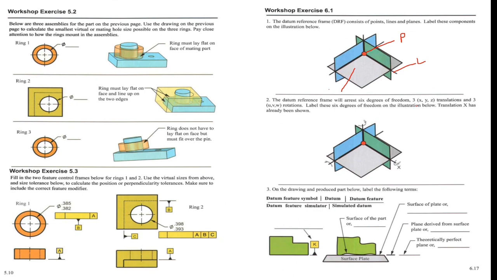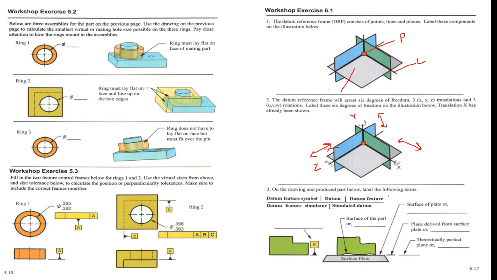If I say we have to show these 3 degrees of freedom for translation and 3 for rotation, it's Y, and this axis is Z. Then my Z axis can translate in this direction like this. Y axis can translate like this, and X axis in this way.